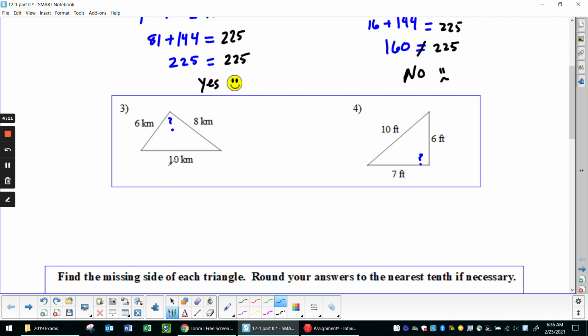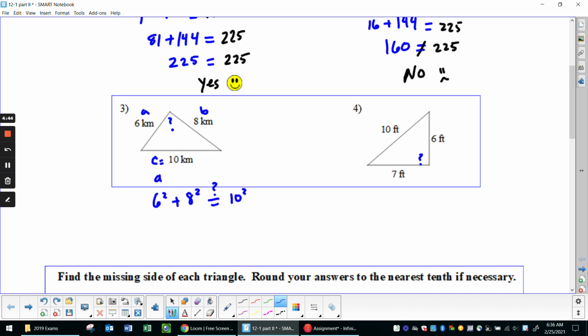So once again, we're going to look at this and say, okay, the longest side is C, so 10 is C. A and B are interchangeable, right? So A is 6. Here we'll label B as 8. 6 squared plus 8 squared, is it equal to 10 squared?